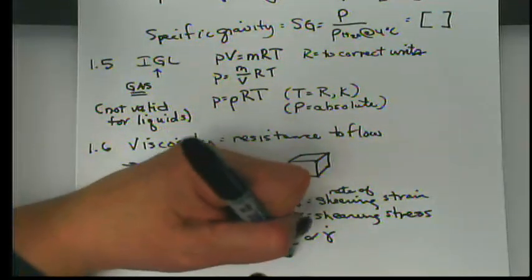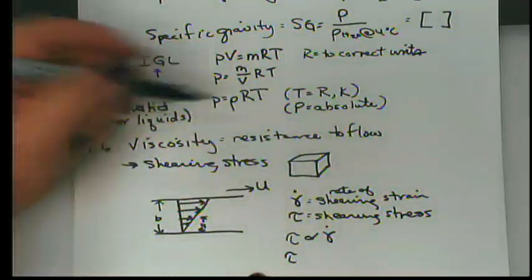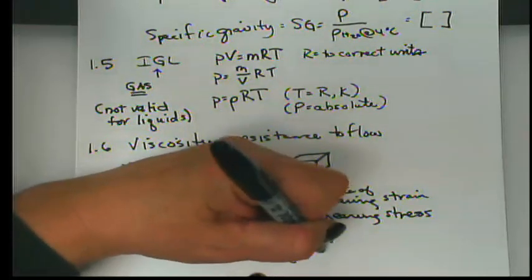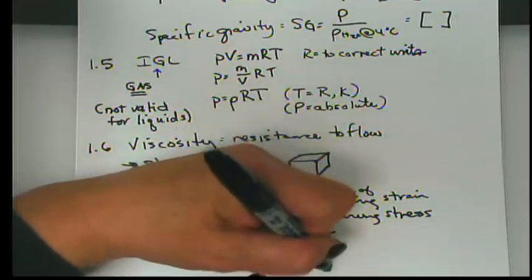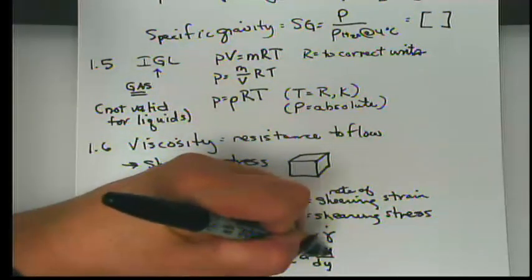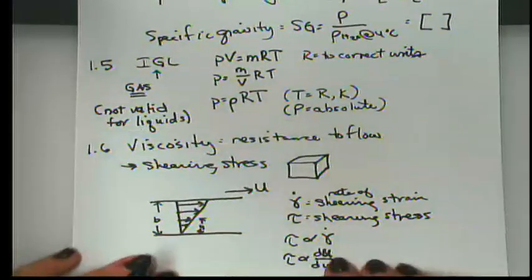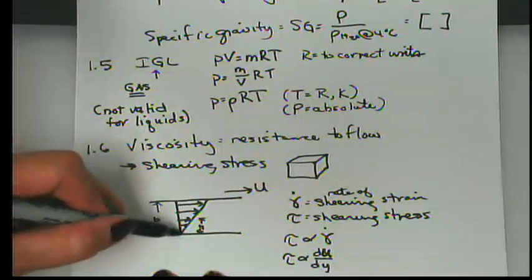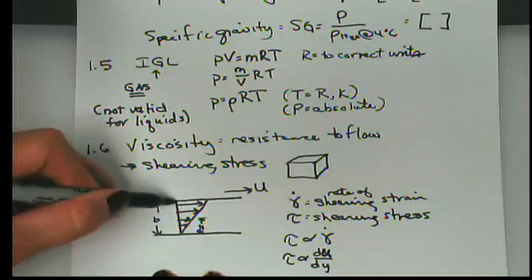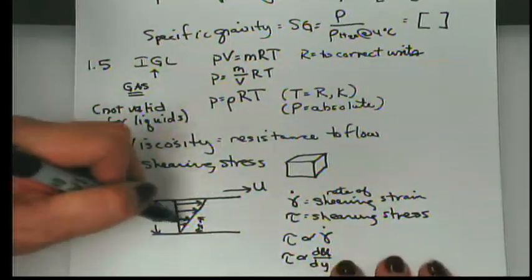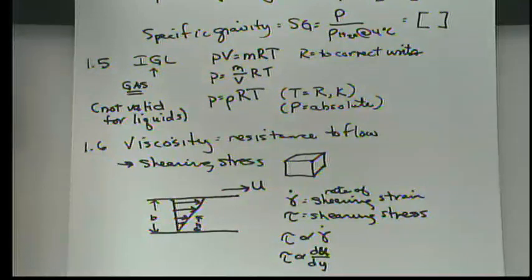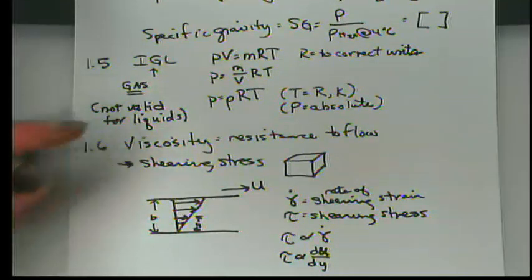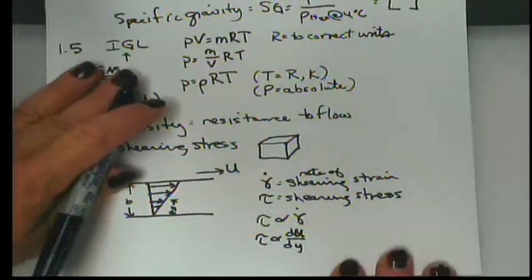And from our picture, we can also see that the shearing stress is proportional to the rate of change of velocity, du/dy. In other words, as we go from here to here, as y increases, the small u, the velocity of the fluid at that location, also increases, and we have a linear proportionality in this particular case.